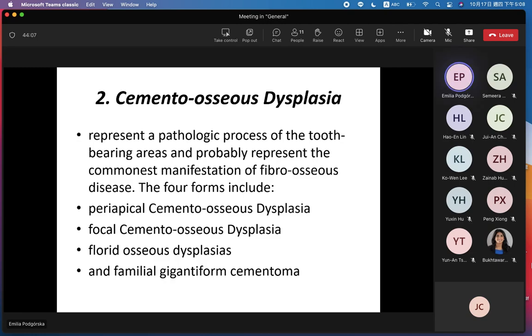We have cemento-osseous dysplasias, which represent a pathologic process of the tooth-bearing areas and probably represent the commonest manifestation of fibro-osseous disease. The four forms include periapical cemento-osseous dysplasia, focal cemento-osseous dysplasia, florid osseous dysplasia, and familial gigantiform cementoma.